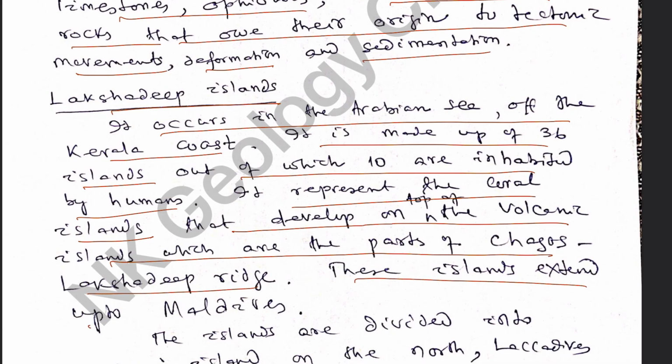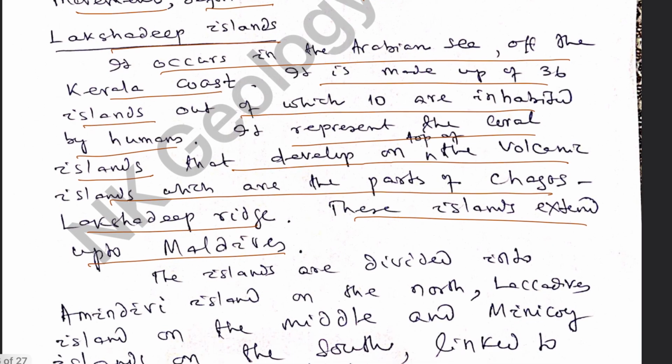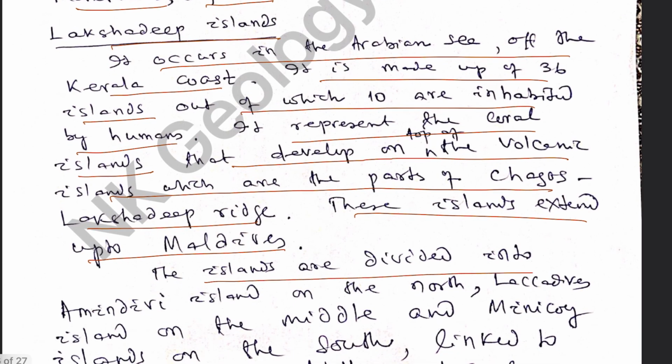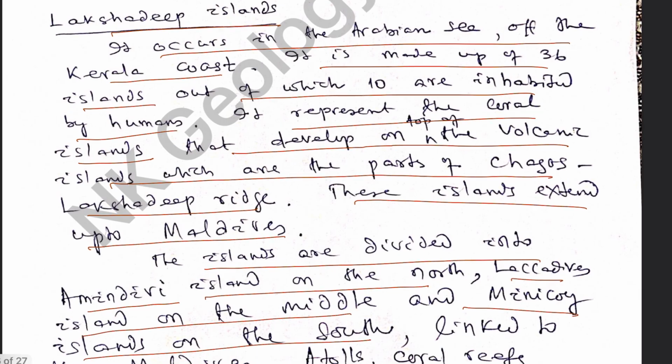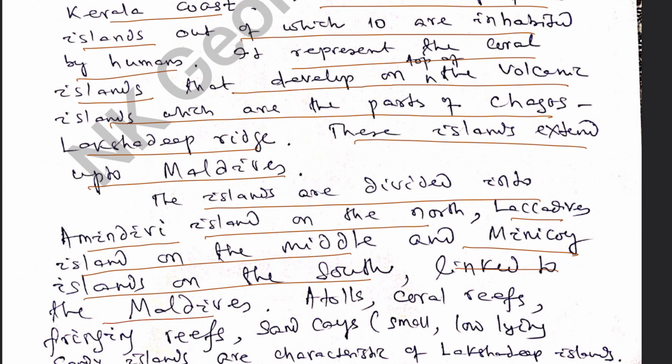These islands extend up to Maldives. The islands are divided into Amindivi Islands on the north, Lakshadweep Islands in the middle, and Minicoy Island in the south, and they are linked to the Maldives. Atolls, coral reefs, fringing reefs, sand cays are common to these islands.